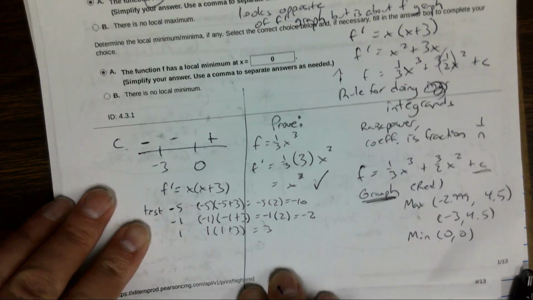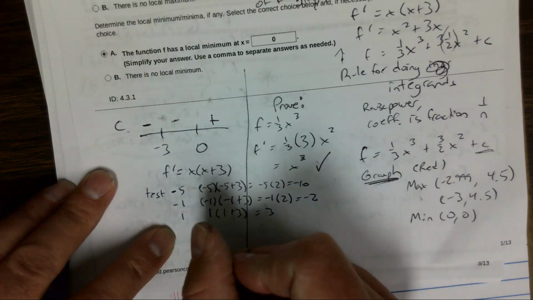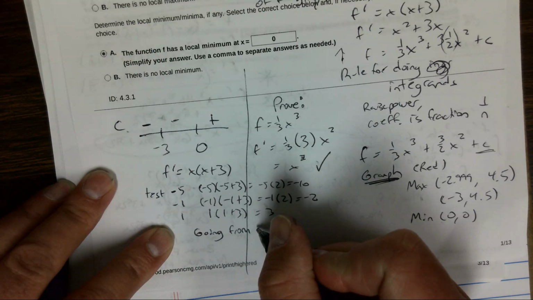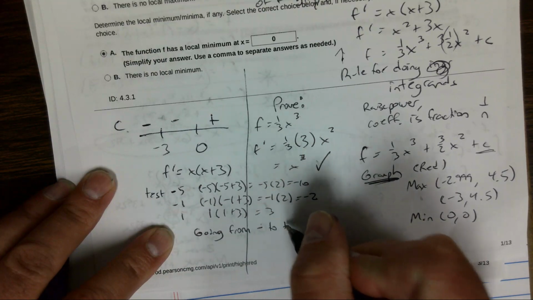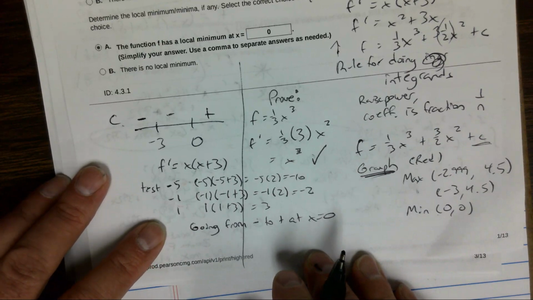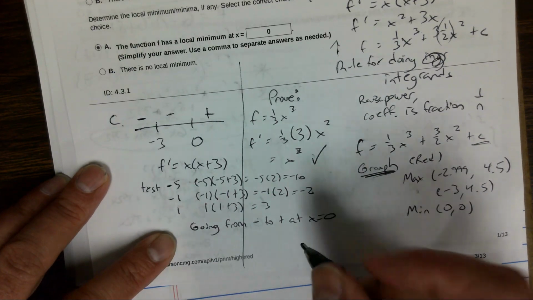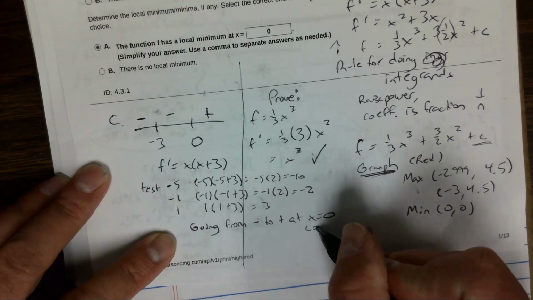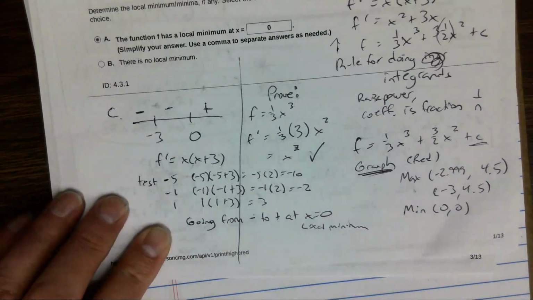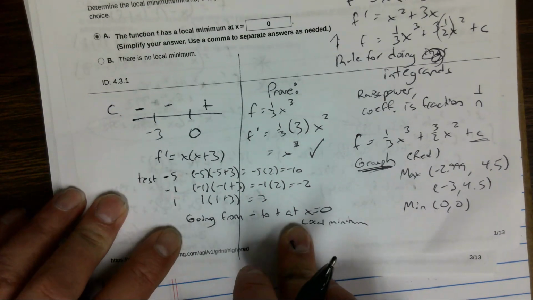Now, based on that, we're going from negative to positive at x equals 0. And when we do that, that means it's a local minimum. So that's your local minimum.